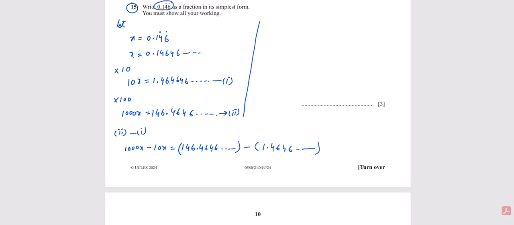So calculate these values. We get 990x, that is equal to, calculate these values, we get 145. Divide with 990, so x is equal to 145 divided with 990. After cancellation with each other, that is equal to 29 divided with 198. The final answer is 29 divided with 198.